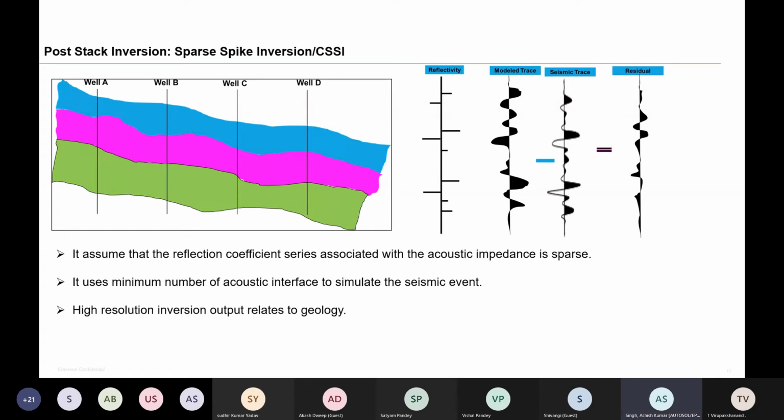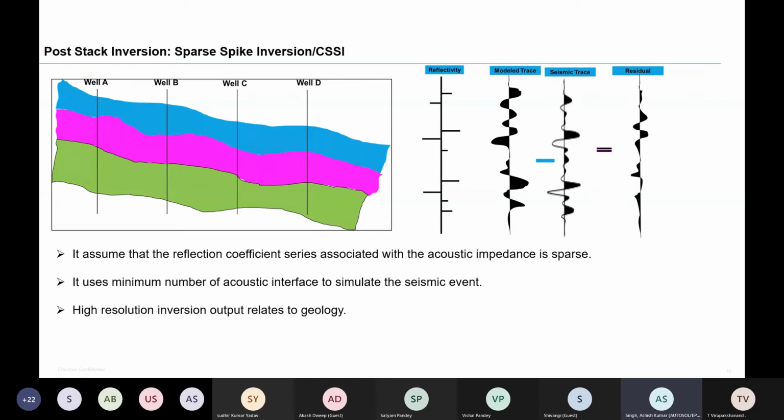If mother earth is made of acoustic interfaces, it can be represented by the reflection coefficient. So we can model our seismic trace by adding the minimum number of spikes, meaning sparse spike. That's why it's called sparse spike inversion. Again, it uses the background model to constrain the inversion, so this is called constrained sparse spike inversion, basically CSSI.